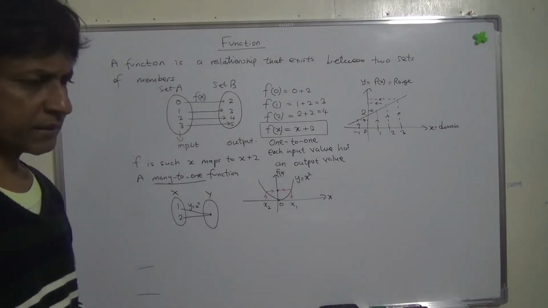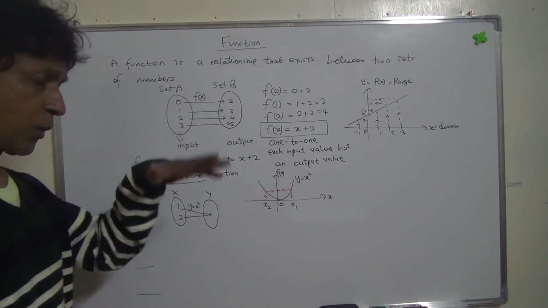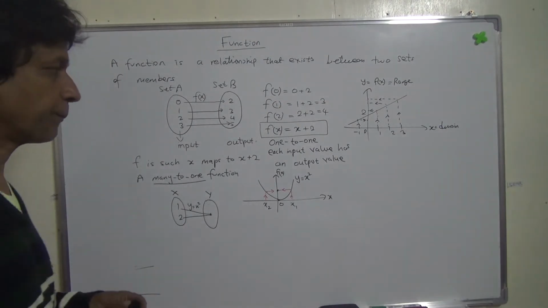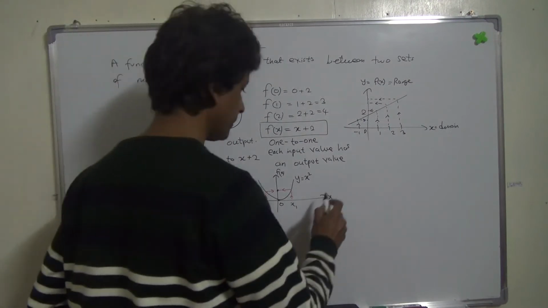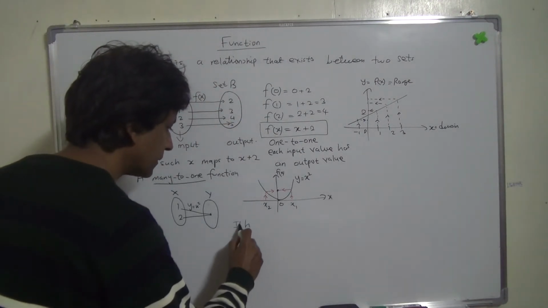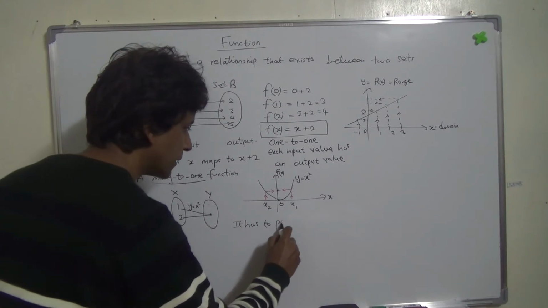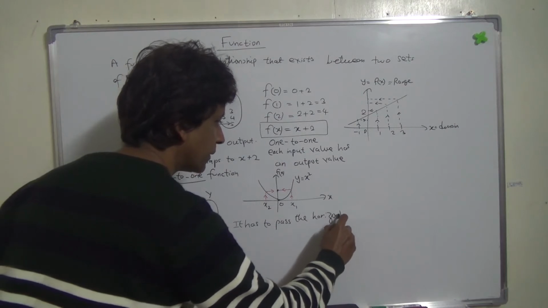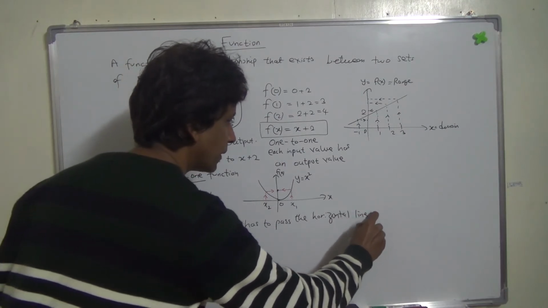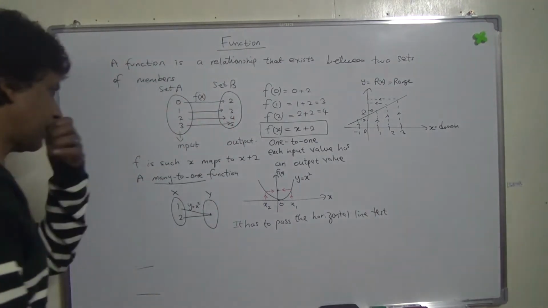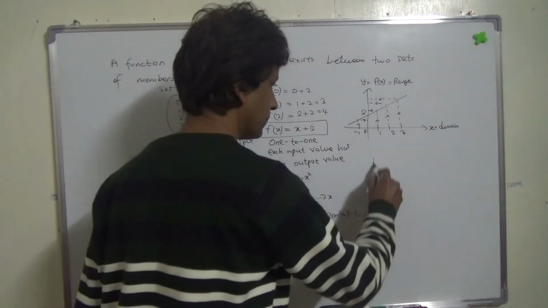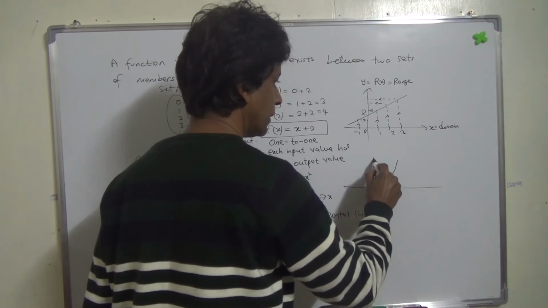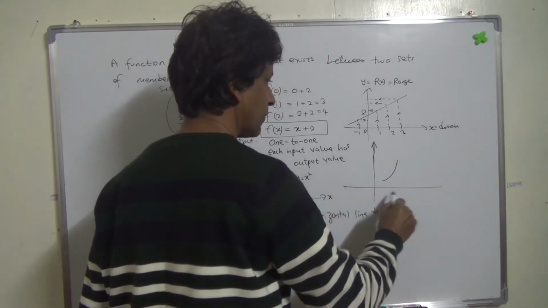What I also want to explain is that for a one-to-one function to exist, what's the criteria? It has to pass the horizontal line test. What I mean by this: you may get a function like this, not necessarily a straight line, it could be a curve, with your x and y values.